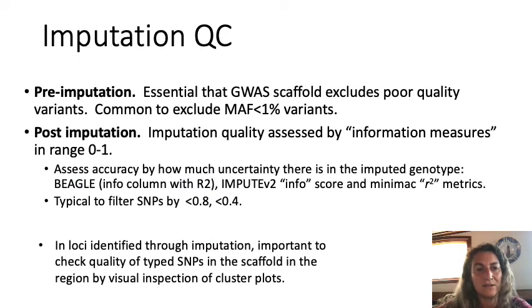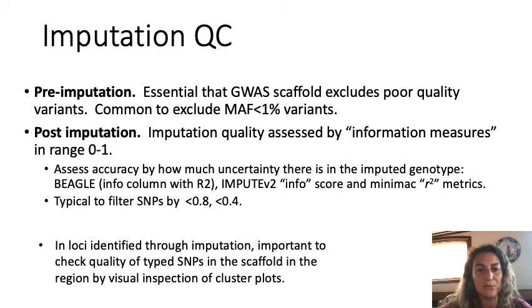And the next topic is imputation related QC. There are two QC steps around imputation. One is pre-imputation QC. We have already discussed standard QC after genotyping, and on top of that you may want to exclude SNPs with less than 1% minor allele frequency.